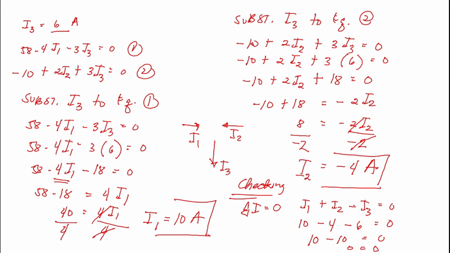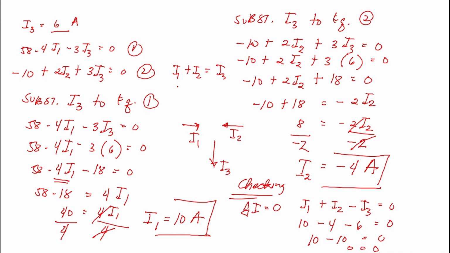So, ganun din yun. Ngayon, kung gagamitin mo naman the other definition of the KCL, the summation of the current along the circuit, ito yun. Kung ito naman ang gagamitin mo, so, entering is also equal to the leaving. I1 plus I2 is equals to I3. I3 is leaving the junction, and then I1 and I2 is entering the junction.